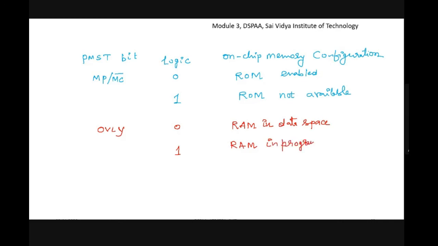Here also one condition is there: this is not applicable to page 0, except page 0. It is applicable to all the remaining 127 pages. Totally we have 128 pages, page 0 to page 127. In that, when the OVLY bit is equal to 1, RAM is in program space except page 0.